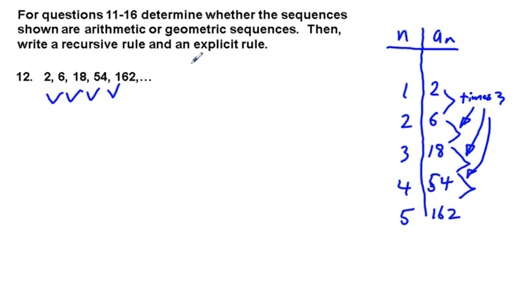So we'll say geometric. And why? Because there is a common ratio and not a common difference.